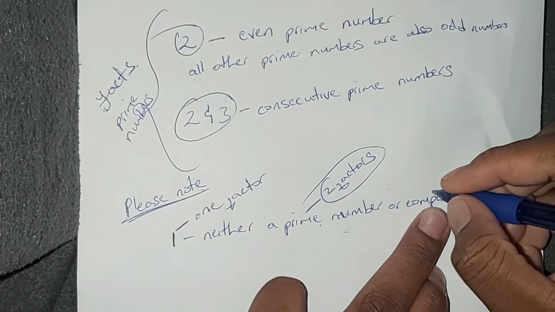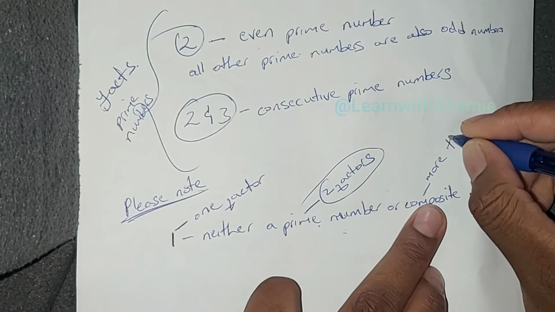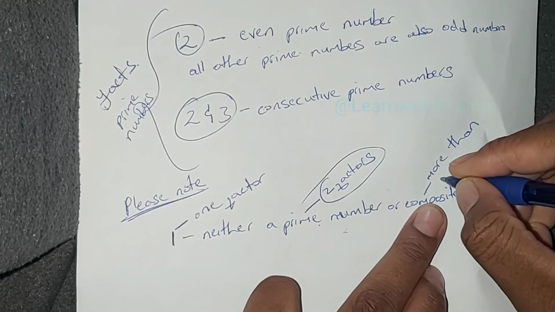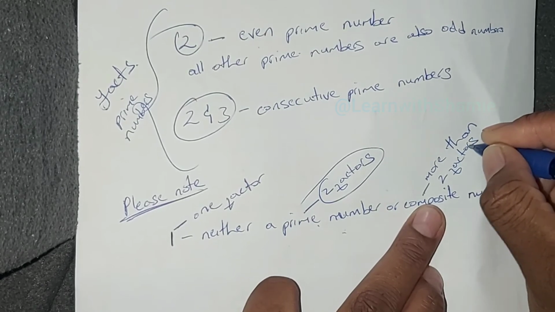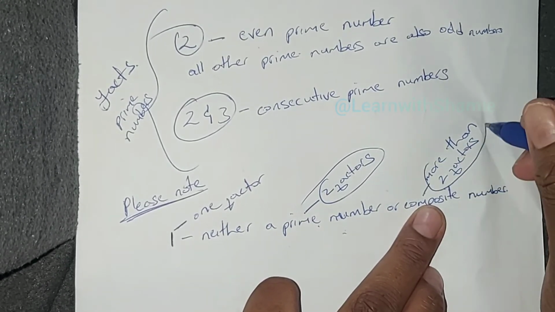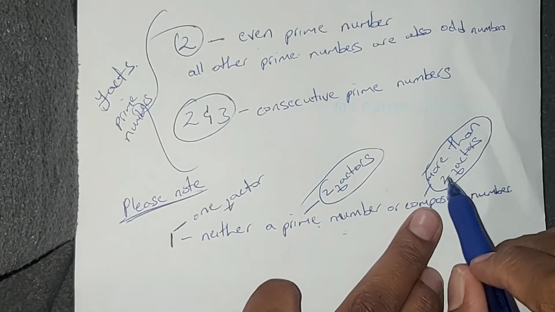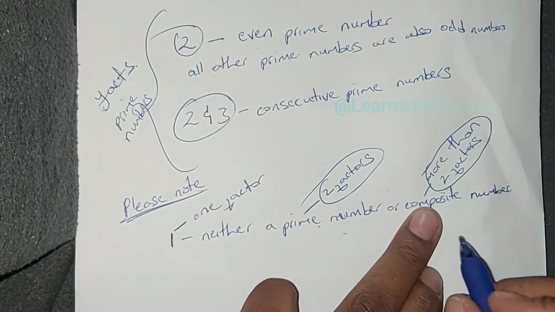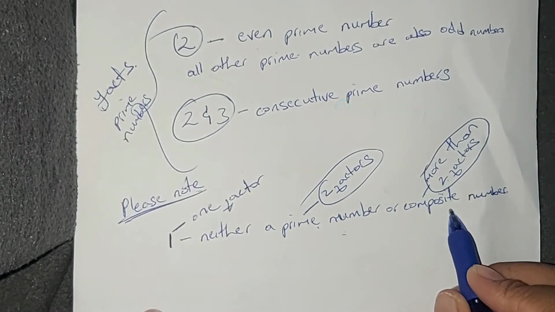Composite number has more than 2 factors. So any number that has more than 2 factors is classified as a composite number.